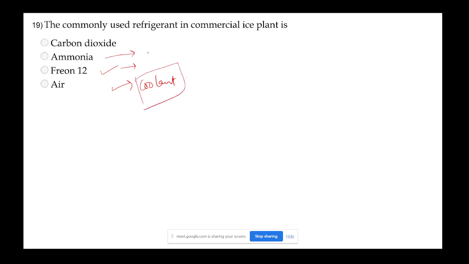What you use is ammonia. In plants or industries, you have ammonia chillants where you want very low temperatures, say for example 4 degrees Celsius or so. Ammonia is the chillant.